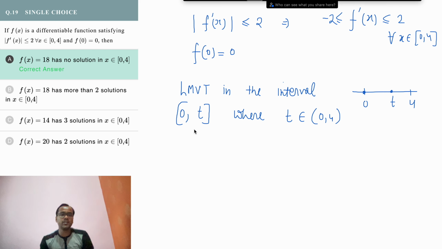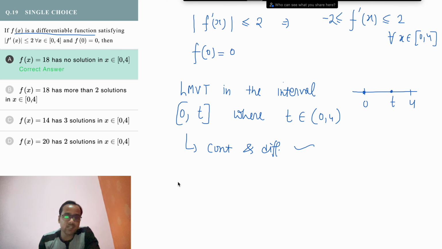If I'm using LMVT in the interval 0 to t, first of all the function f(x) should be continuous and differentiable in 0 to t. In the closed interval 0 to t, it should be continuous. In the open interval 0 to t, it should be differentiable. But since according to the question f(x) is differentiable, that means it is continuous also. So we can use the LMVT theorem here.